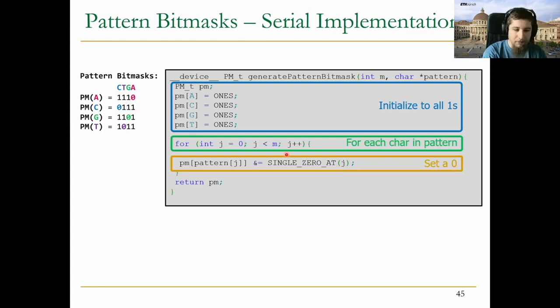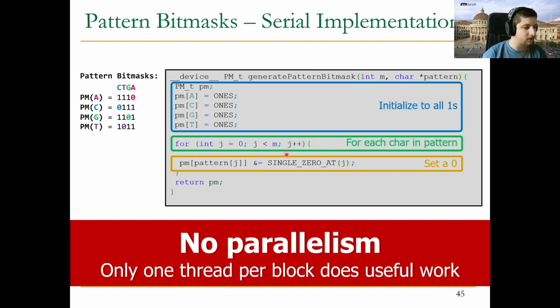So this kind of works, but it's really bad because there's no parallelism. Only one thread in the thread block would do useful work, and all the other threads either do redundant work or no work at all.